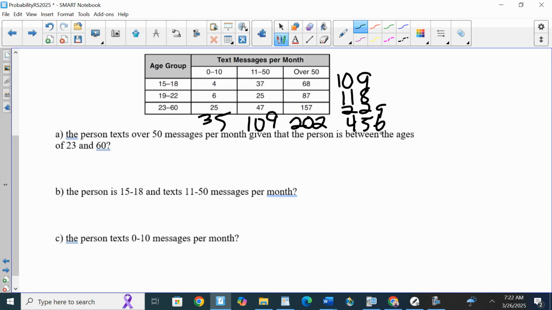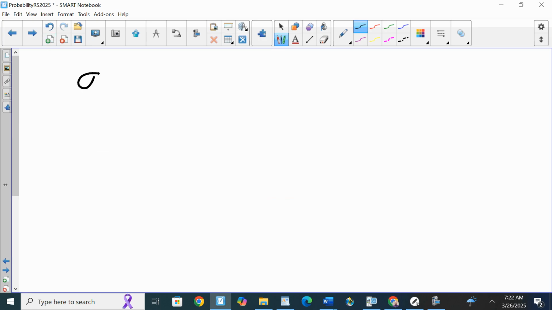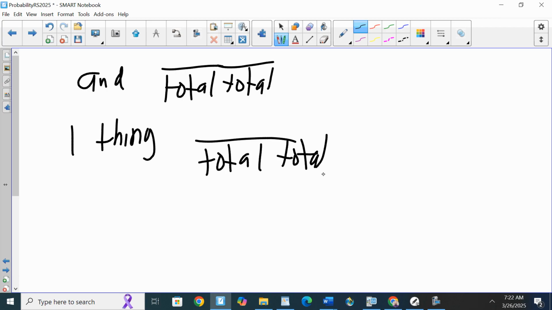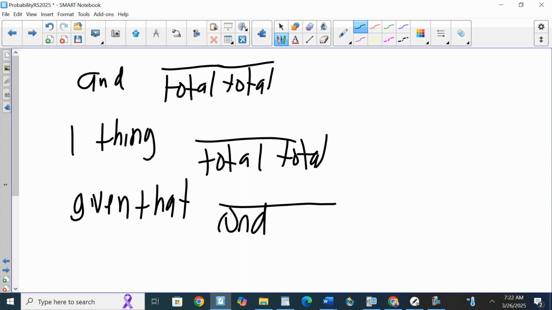So, if you see and, it's over the total. If you see one thing, it's over the total. If you see given that, it's conditional, and the condition comes last after the word given.